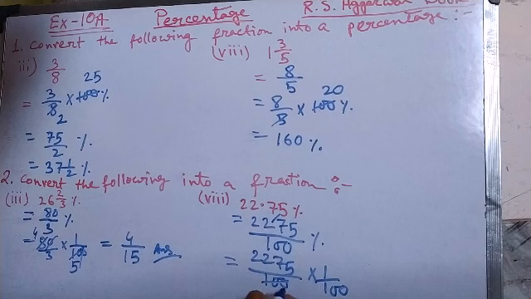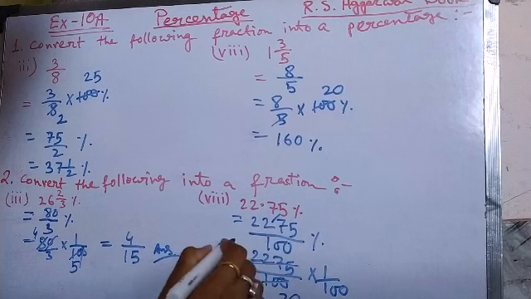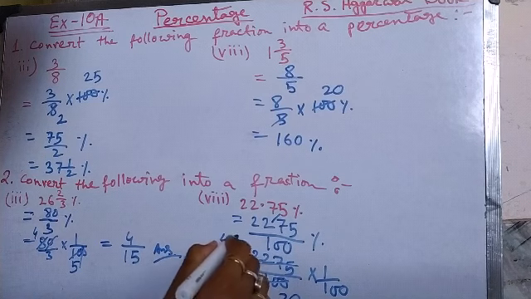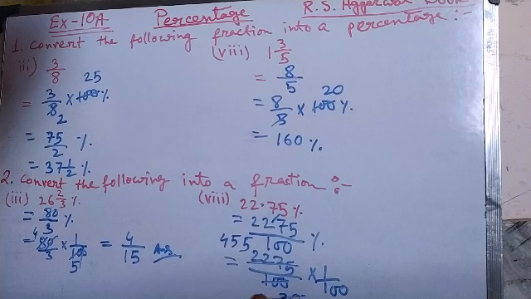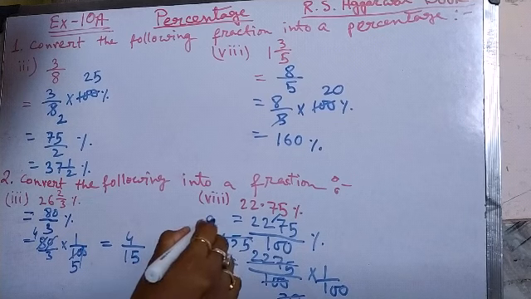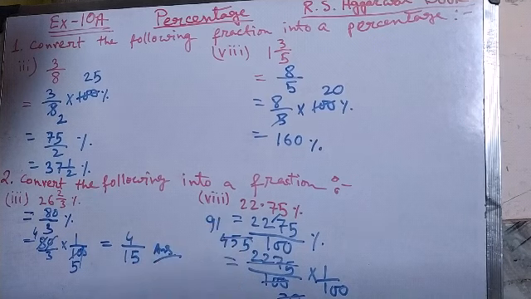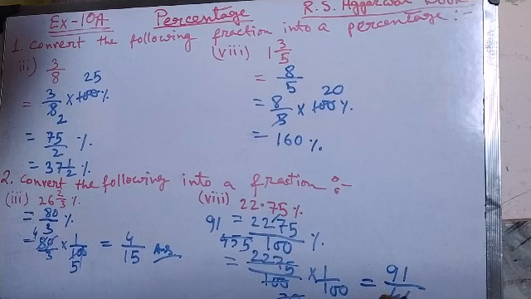So by 5 we can cut it. 5 2s are 10, 0, 5 4s are 20, 5 5s are 5 5s. Then again this will be cut by 5. 5 4s are 20, 5 9s are 45, 5 1s are 5. Now the answer is 91 by 400. 4 into 100 means 400. So this is the answer.